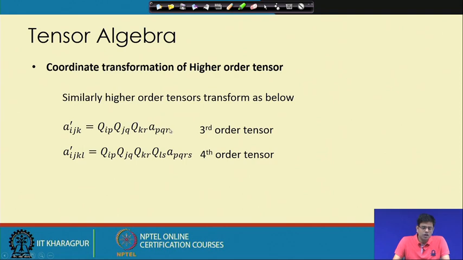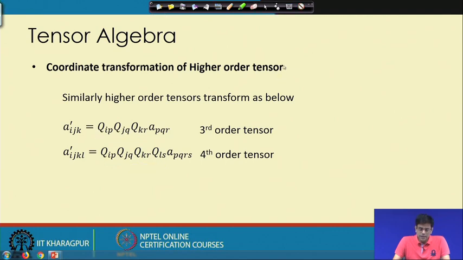Similarly, for a third order tensor, the components of Q will be multiplied 3 times, because it has 3 directional parts. And for the fourth order tensor, it will have 4 directional parts. In this way we can efficiently transform third order and fourth order tensors.